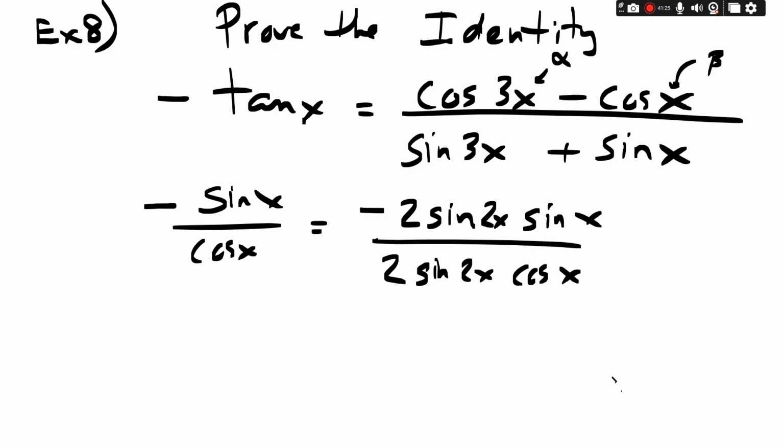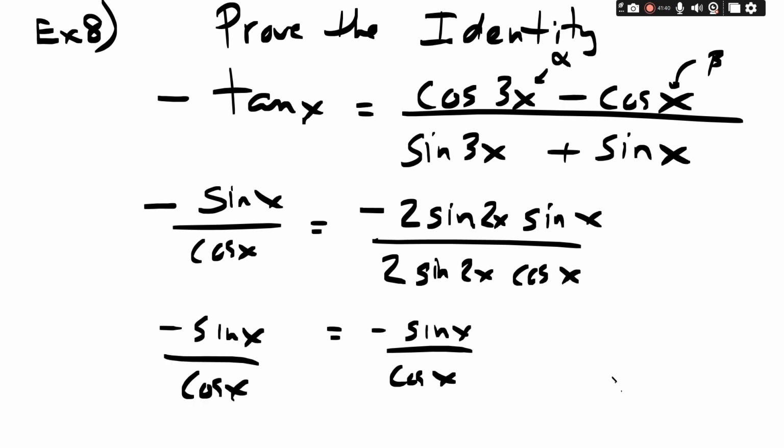And then cosine was that right there. Okay, I think we are good. 2's are gone. Sine of 2x is gone. Now we're left with a negative sine x over cosine x, which is exactly what we wanted to prove. So QED at that point.